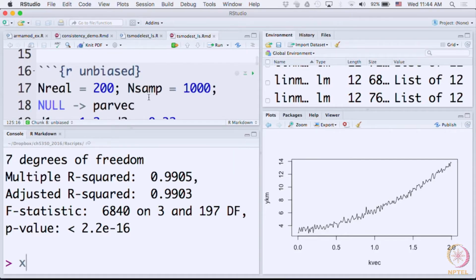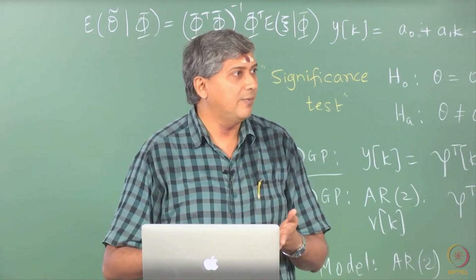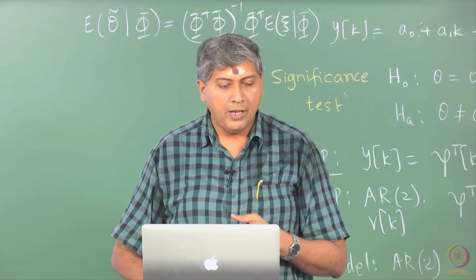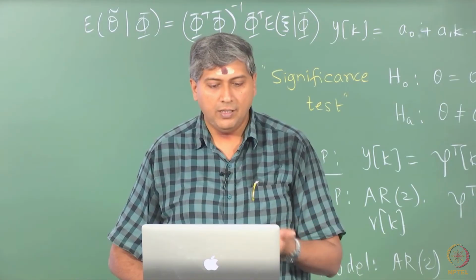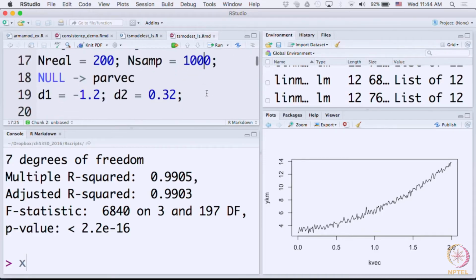So, to do this, yesterday I said if you want to verify bias by simulations, you have to generate data repeatedly, compute parameter estimates, take the average, correct. That is what I am doing here. I am generating 200 realizations. Once I load the document, you should play around with these values. And in each realization, I have 1000 observations.